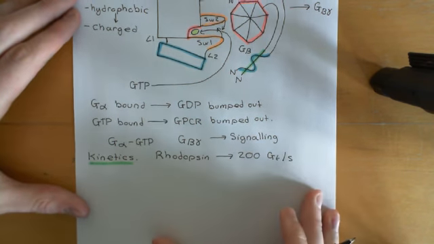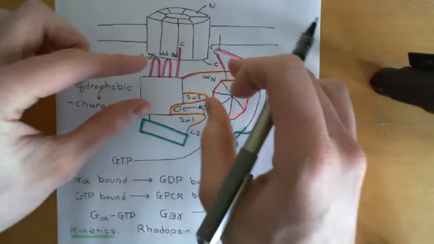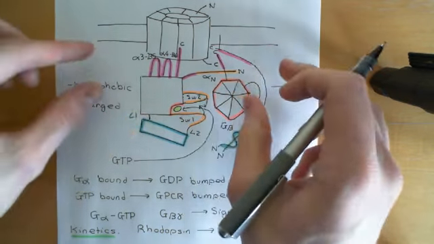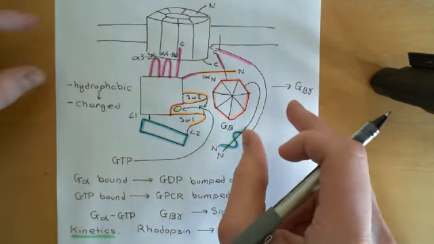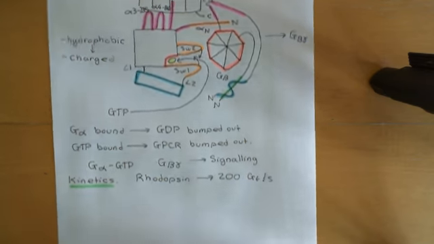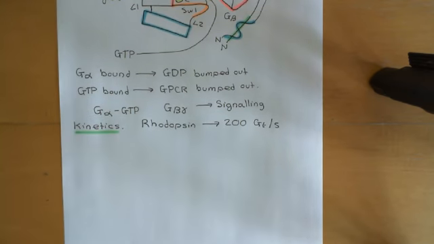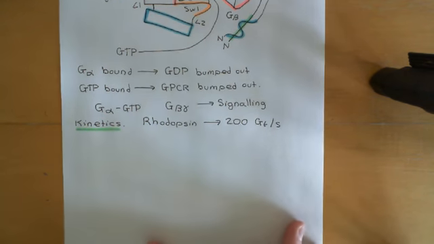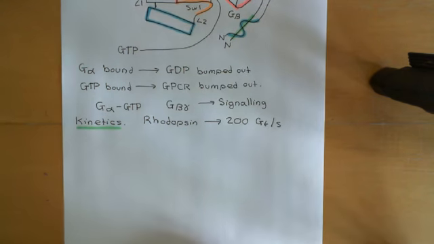I should have stressed this point more. Once the heterotrimeric G protein is cleaved off, both the beta gamma complex and the alpha subunit, the G protein coupled receptor can now bind another inactive heterotrimeric G protein and activate that. In fact, rhodopsin receptors, once activated, activate 200 transducin heterotrimeric G proteins a second.